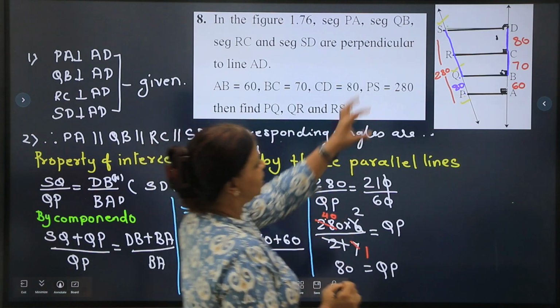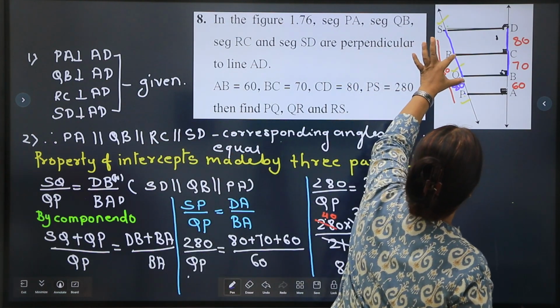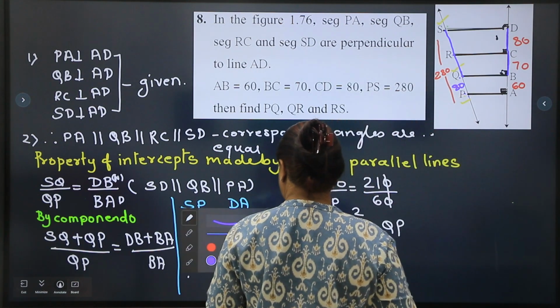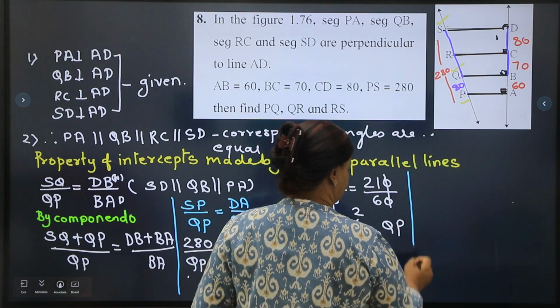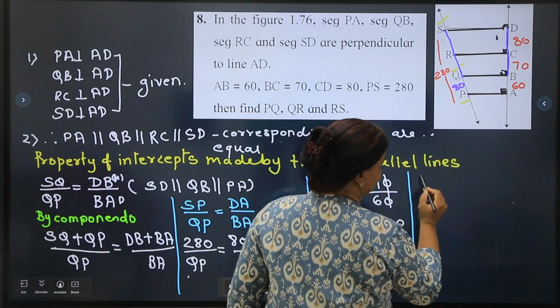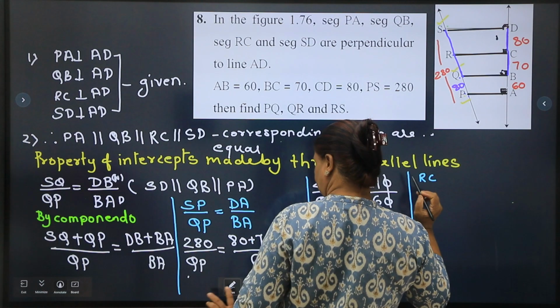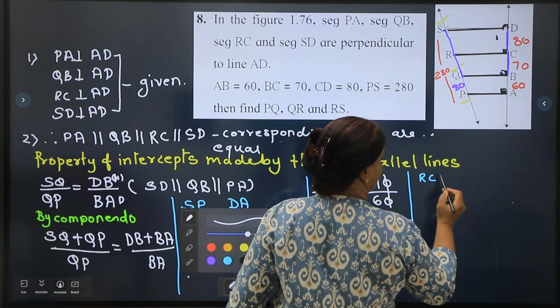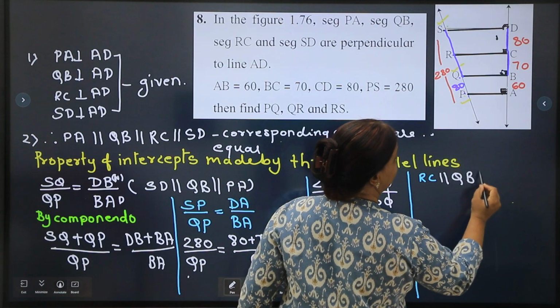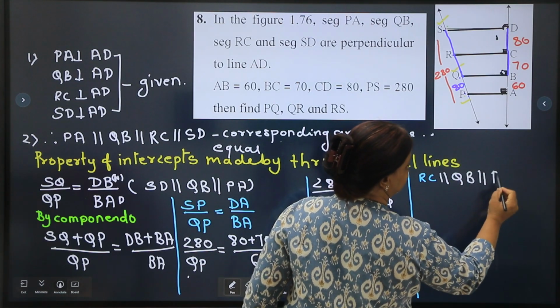Okay. Now we can easily find out RQ because we will take this line and this line. At this time, which three parallel lines are we taking? RC parallel to QB parallel to PA.